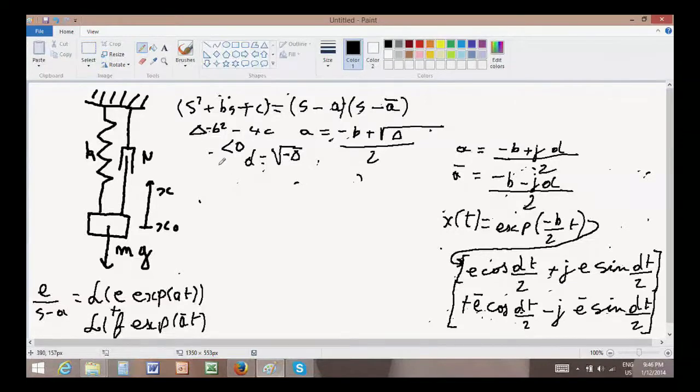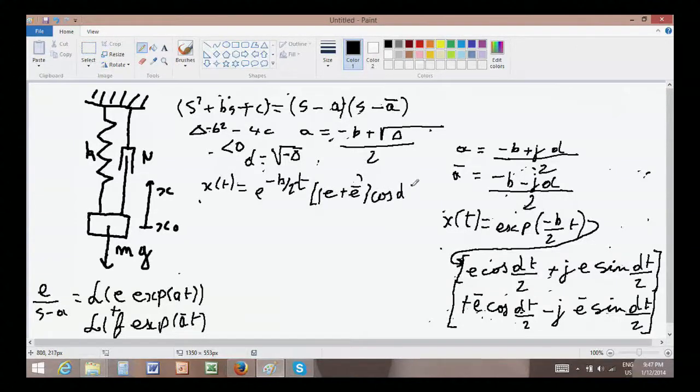And now I can go back and write that x of t must therefore be equal to e to the minus b over 2t times e plus e bar times cosine dt over 2 plus j times e minus e bar sine dt over 2.